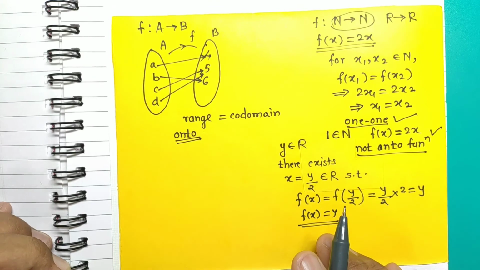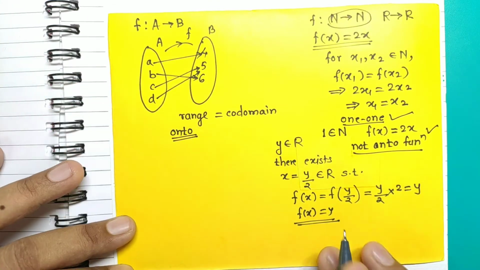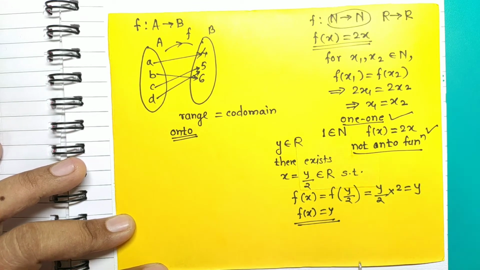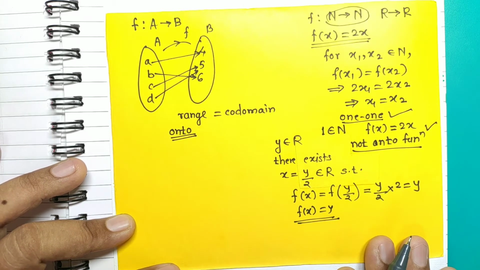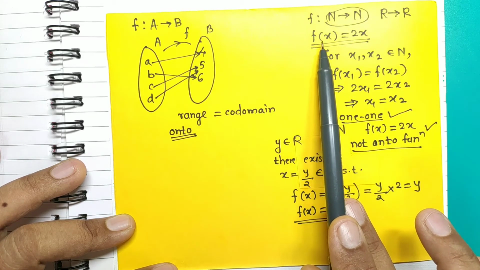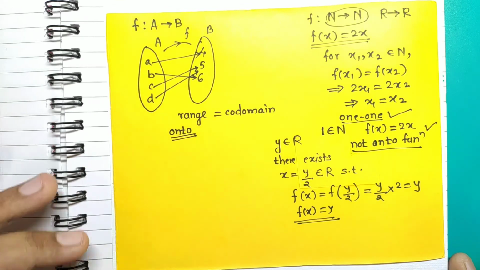And here comes the next concept, that is bijective function. See, when a function is 1-1 and onto both, then that function is called a bijective function. So this function f from R to R defined by f of x is equal to 2x is a bijective function.